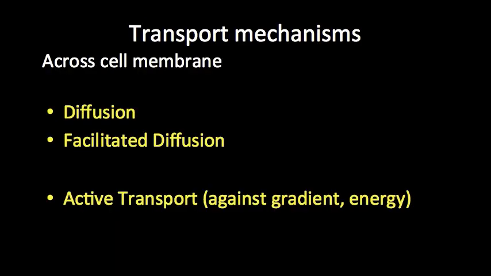And remember also that there are different mechanisms of moving across that cell membrane. As physicists, you would be aware of diffusion, the normal process of moving a chemical along its gradient from high concentration to low concentration.